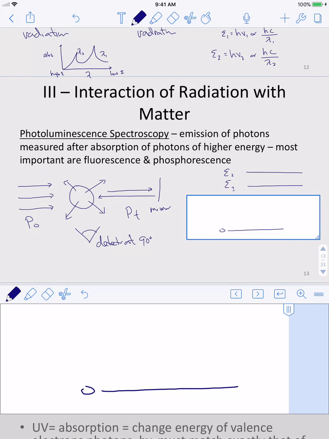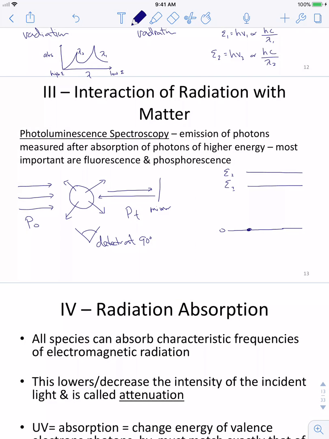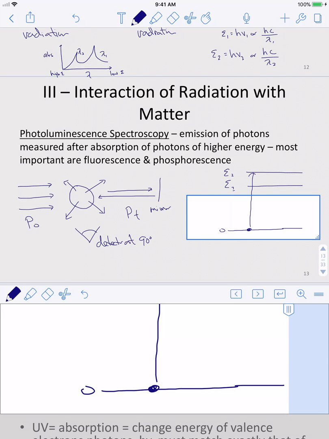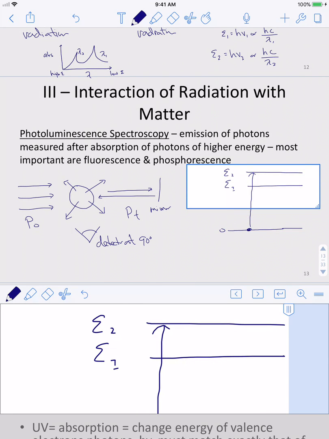And so a photon of light first goes through an excitation where you have an electron here, incident light comes in, and then we promote this electron up to a higher energy level, say E2, okay, or higher. I'm just showing 2 here, but there could be more. And then this electron is going to want to get back down to the ground state. So it's in an excited state, it wants to get back to its lowest energy state.